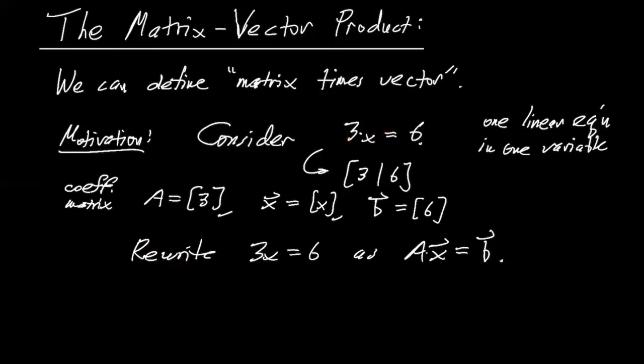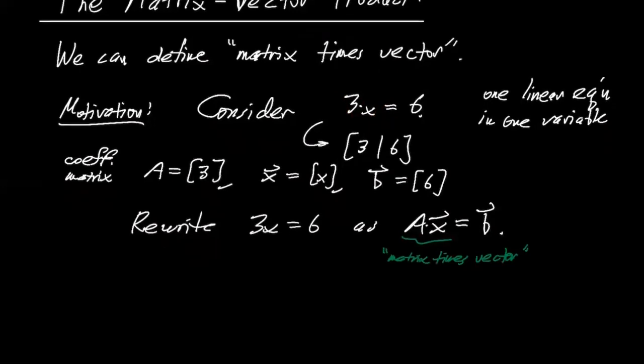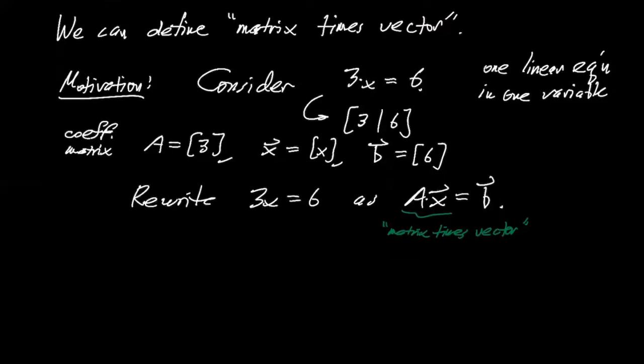And so there's an understood multiplication sign here, and in a really silly way, you can think of this as a matrix times a vector. And it has the same content as a system of equations. I mean, it's a system of one equation in one variable, but it's still a system, quote unquote system of equations. So we could generalize this.